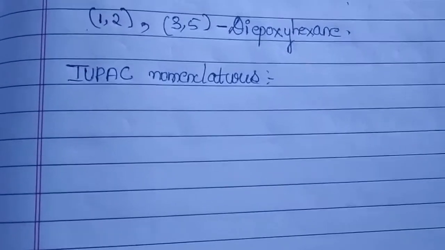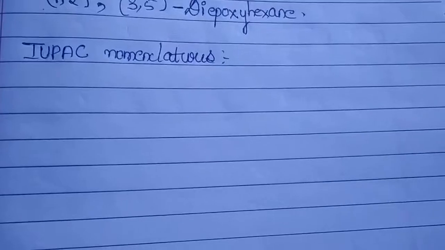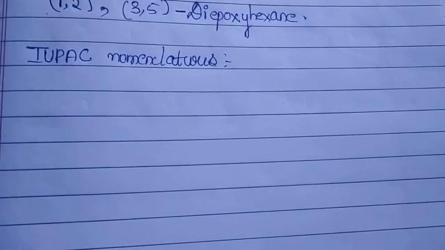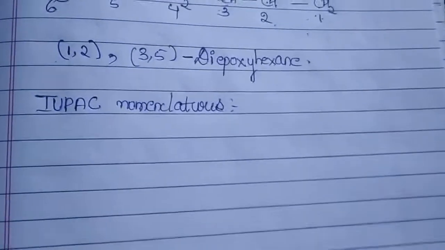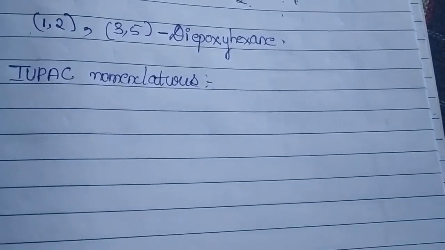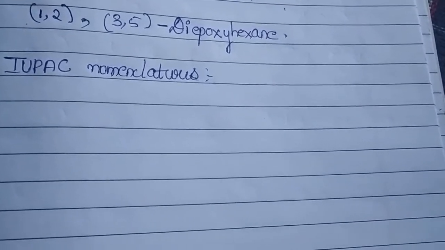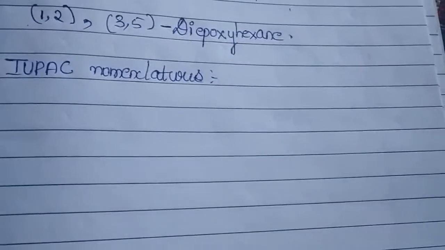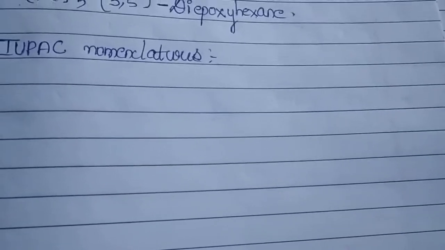So guys, in the IUPAC nomenclature of ethers, you have to pay some attention. It is a simple task compared to your alcohols and phenols nomenclature. This nomenclature is somewhat simple, but you have to understand the major concept. What is the concept while we are writing the IUPAC nomenclature for ethers?